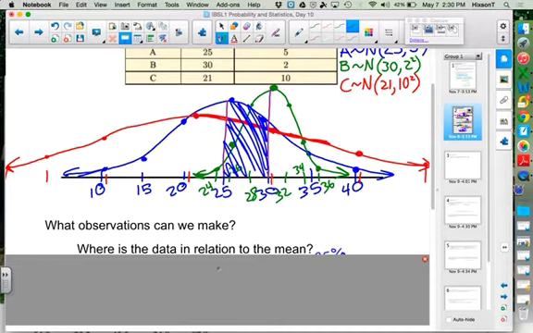Okay? And actually, I know that one. That one's actually about 34%. I've got about a 34% chance that if I pick a number from A, it'll be in that range.